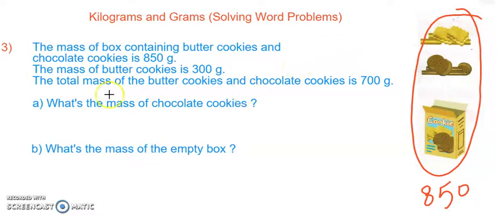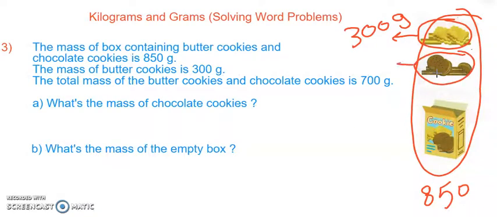But the mass of butter cookies, which is this, okay, only 300 grams. The first question, what's the mass of chocolate cookies? This one, we need to know the mass of this, and we need to know the mass of the box when it's empty, means when there is nothing inside it.